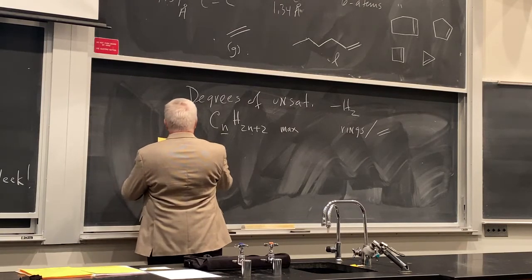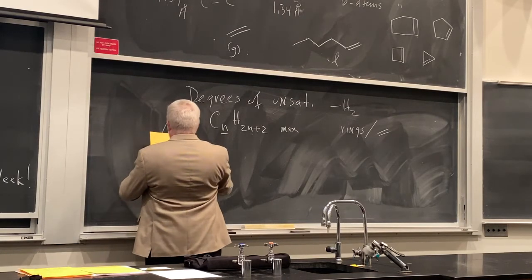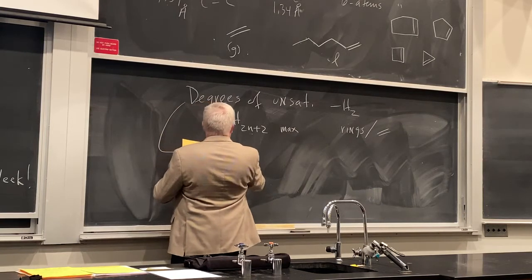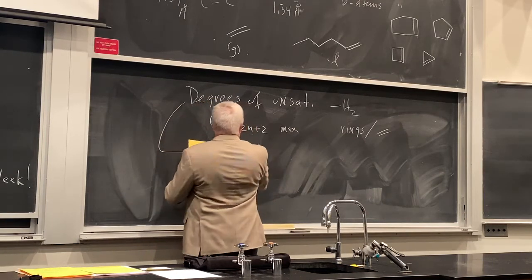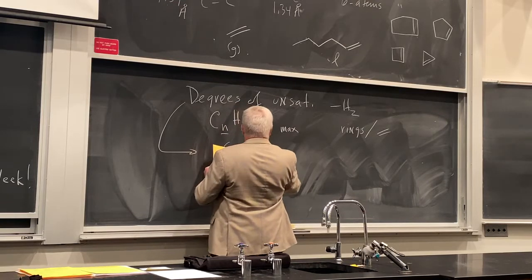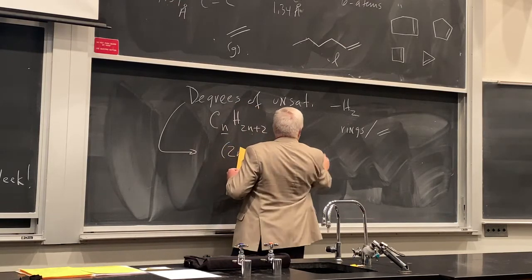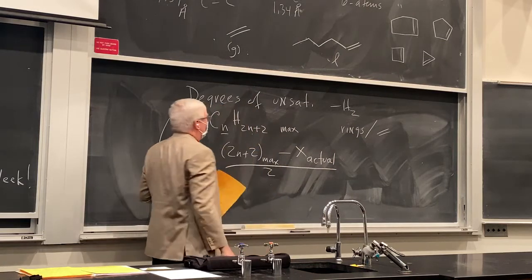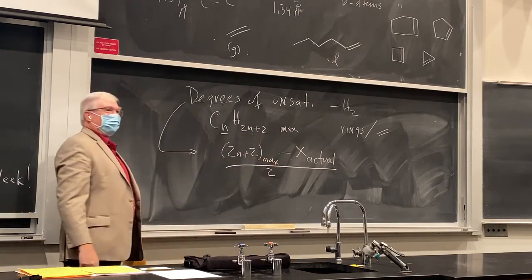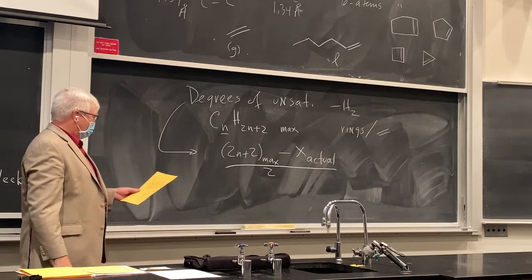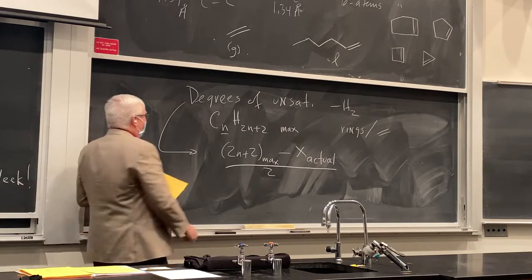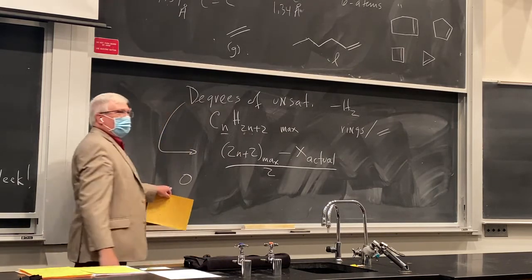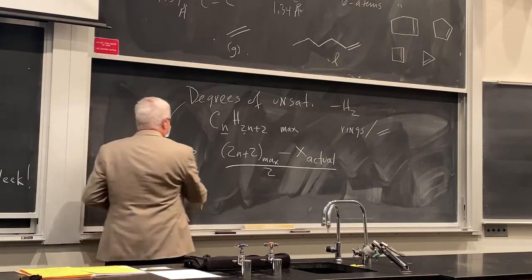Let's see. This degrees of unsaturation then looks like this. We have 2n plus 2, that's the max, right? Minus the actual, divided by 2. And that will tell us the number of double bonds and or rings we might have in a molecule. Now, this is often complicated. If we have oxygen in the empirical formula, we ignore it.